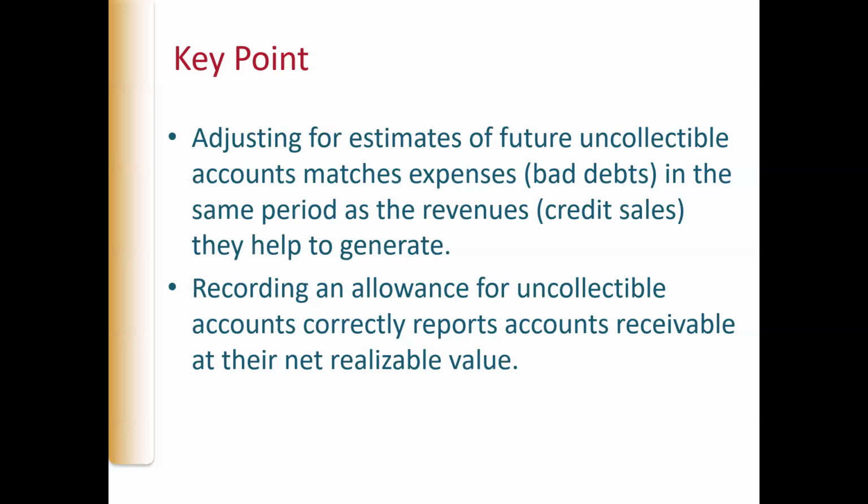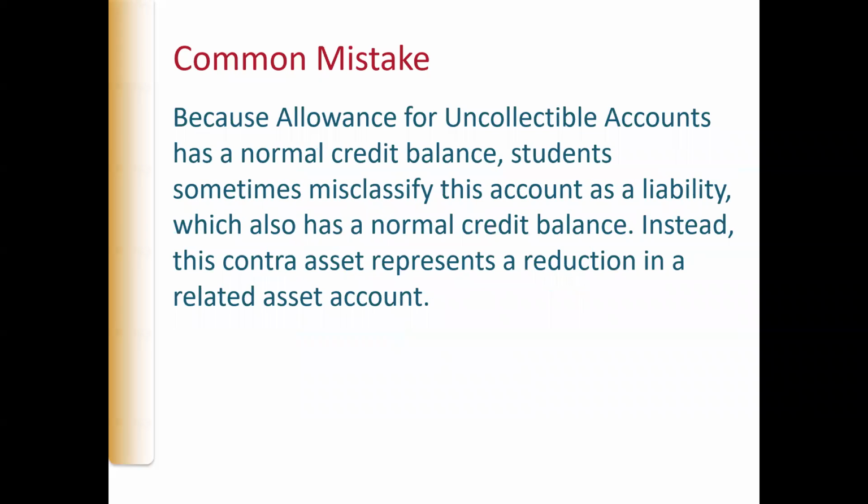Adjusting for estimates of future uncollectible accounts matches the expenses in the same period as the revenues they help to generate. So when we record an allowance for uncollectible accounts correctly, it reports accounts receivable at their net realizable value.